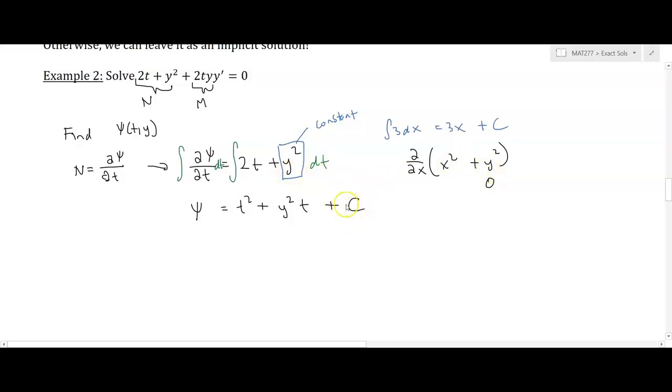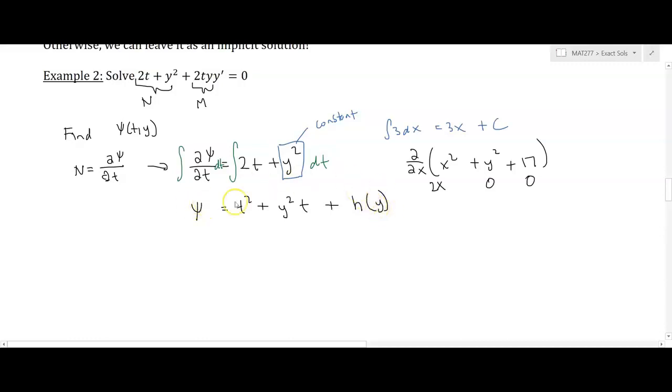Therefore, this constant here may have involved numbers, like x squared plus y squared plus 17, and the derivative of both y squared and 17 would be 0, so we would just end up with 2x as that derivative. So this is not necessarily just a constant, this is potentially some function of y.